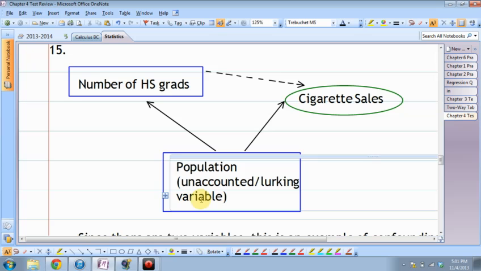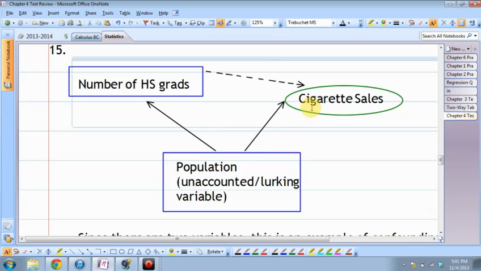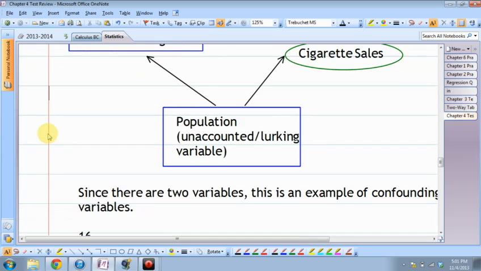The population growth is also affecting the number of cigarette sales. So you have one cause, two effects. Our purported cause is actually an effect. So this is common response.